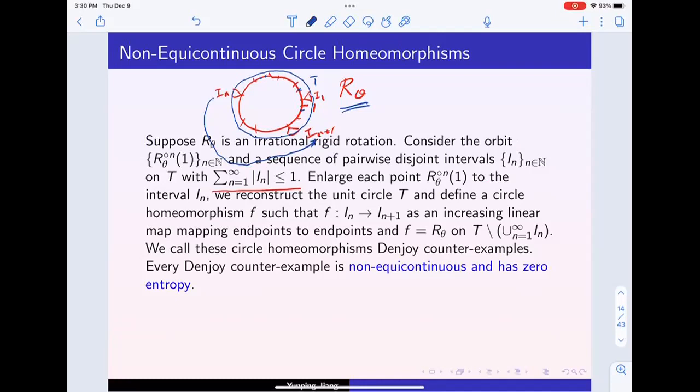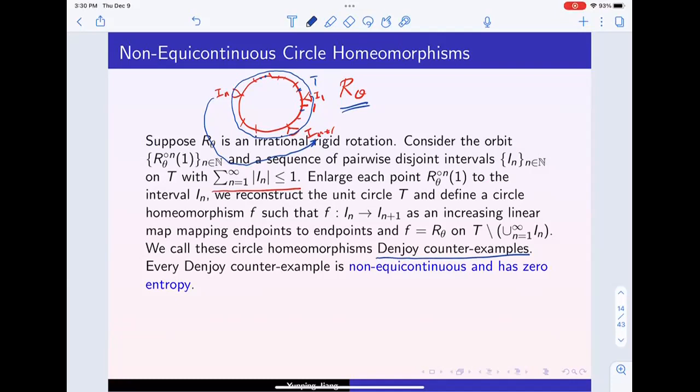In dynamical systems we call this the Denjoy counterexample. You start from a rigid rotation, open up every point on the orbit into an interval, then you construct the homeomorphism. That one will not be equicontinuous, but still has entropy 0.